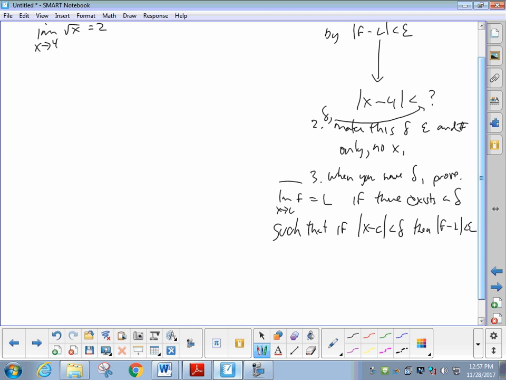That is the definition of a limit. You do not have to write all that down. It's hard to prove something if you don't know what you're trying to prove. You're trying to satisfy the definition.